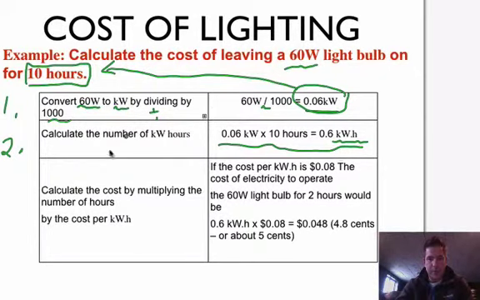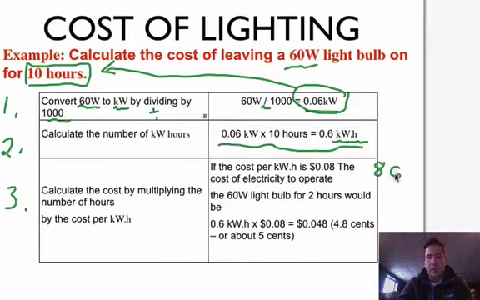Now I go into the third and final step. I want to calculate the cost by multiplying the number of kilowatt hours by the cost per kilowatt hour. So if I want to go one step further, I can say the cost per kilowatt hour is 8 cents.